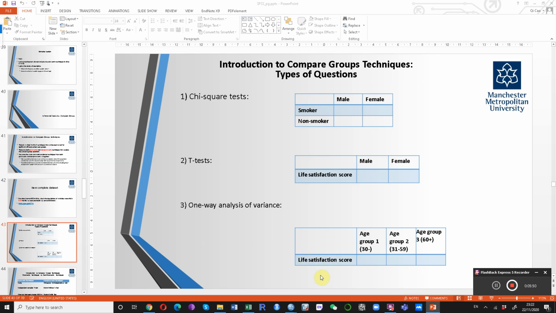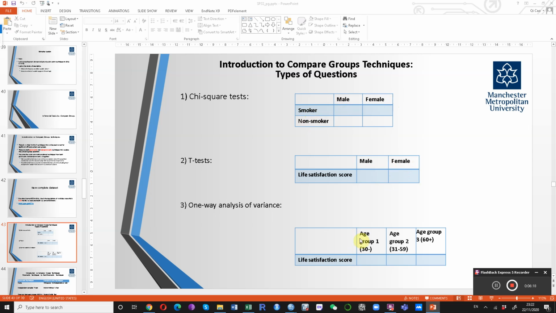Another difference comes in if you look at how many categories there are in the independent variable. For the previous two, the chi-square and t-test, there's 2. For the one-way ANOVA, there's 3. And later on, when we look at each of the test modules, you will know that for chi-square test, it doesn't matter how many categories there are for both independent and dependent variables.